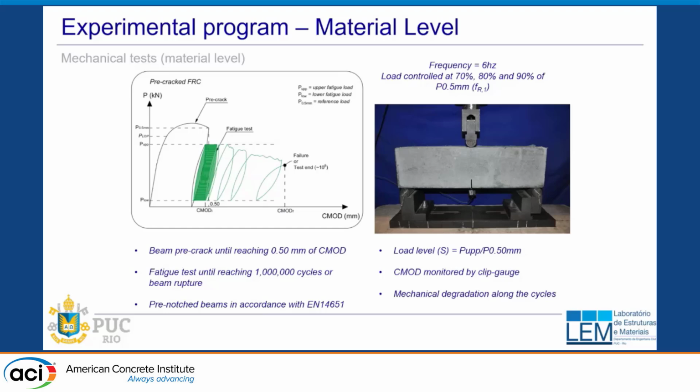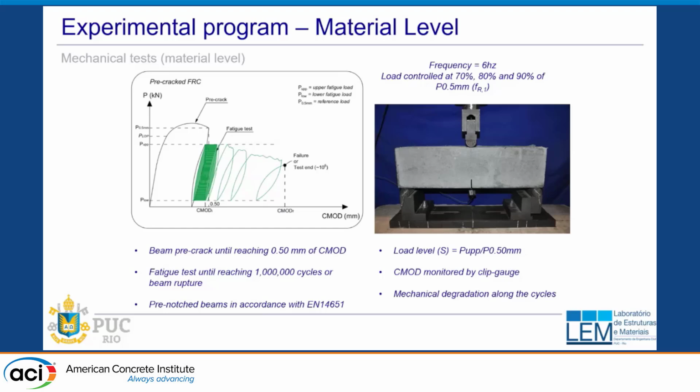So at the CMOD of 0.55, the FR1 value was designated as upper load, and then we went at 50% or other. One can run it at other fractions of the load to define the R value for the test.